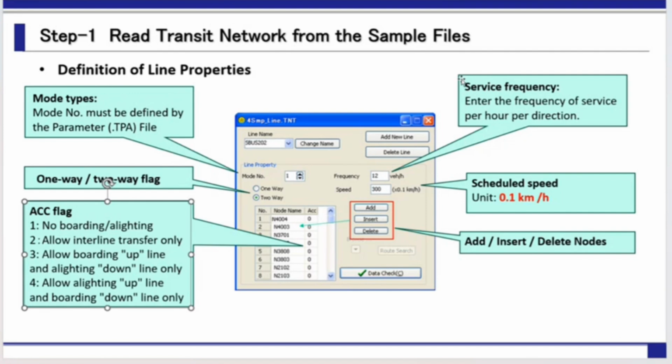And the service frequency means how many trips per hour. So 12 vehicles per hour means a 5 minute interval is provided. Then the scheduled speed. If you need to insert some sections along the network, you need to modify these sections.